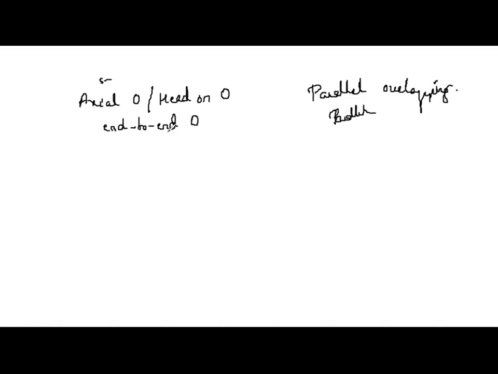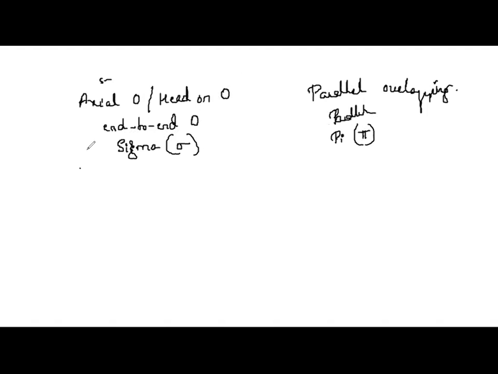If it is axial, head-on or end-to-end overlapping, it will give rise to a sigma bond, denoted with this symbol. And if it is parallel overlapping, it gives rise to a pi bond, denoted like this. So we have two types of covalent bonds, sigma bond and pi bond.